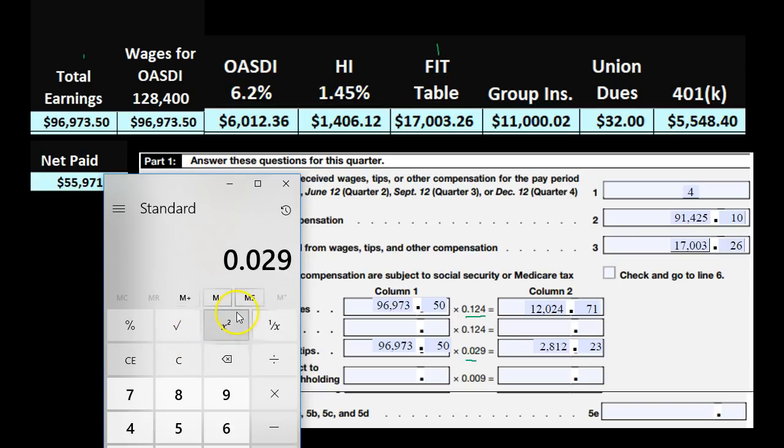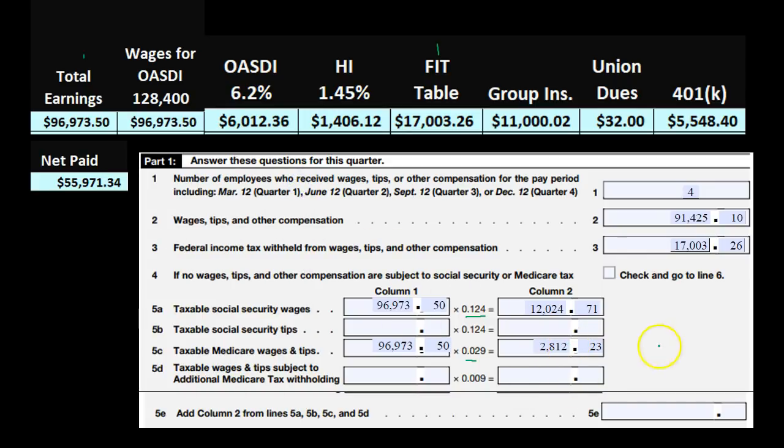So there's the 0.029, and this amount can tie into our worksheet by taking the HI 1406.12 times 2, gives us the 2,812.23, with a rounding difference here.